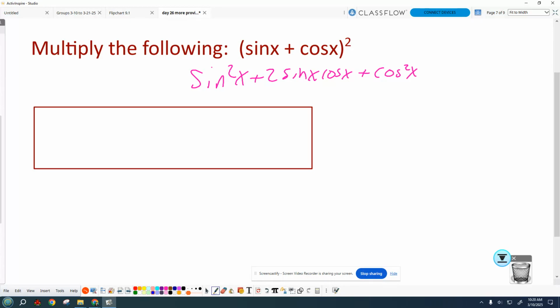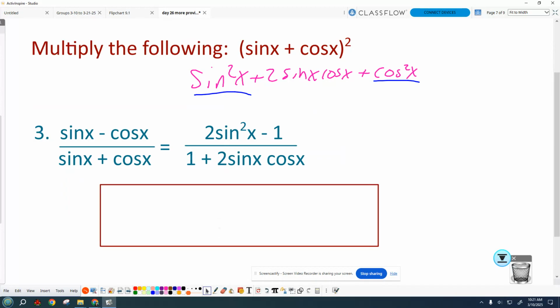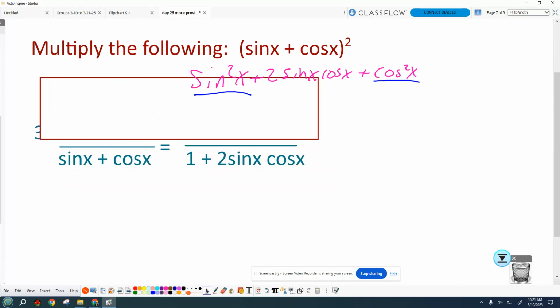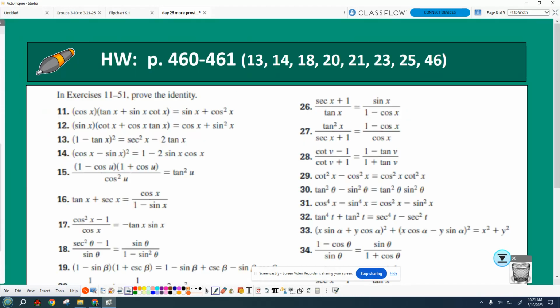Sine squared x and cosine squared x is 1. Sine squared plus cosine squared is 1. Ew. So we get 1 plus 2 sine x cosine x. There was a problem hidden under there. Yep.